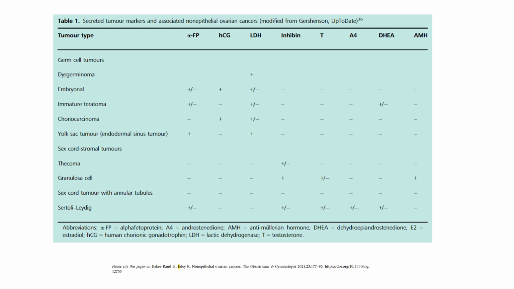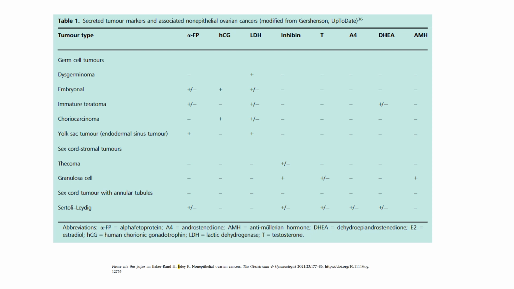Immature teratomas, plus or minus alpha fetoprotein, but there will be no HCG, and plus or minus LDH and plus or minus DHEA, which is dehydroepiandrosterone. Then choriocarcinoma is HCG plus or minus LDH.